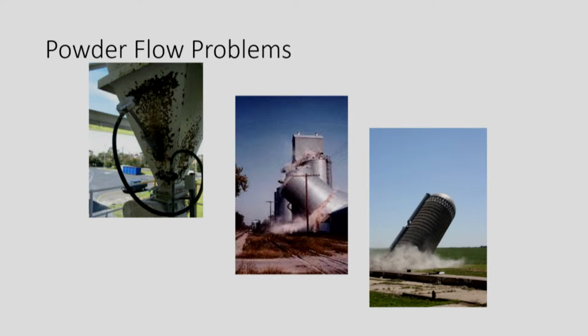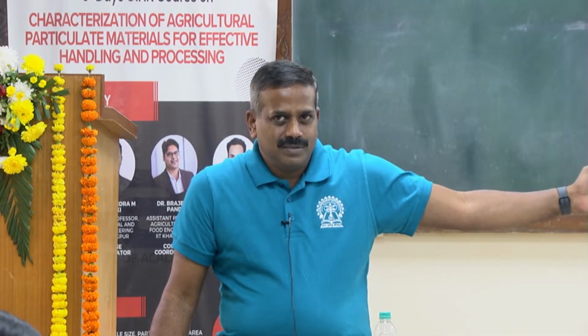If that angle is not positive and not supportive for the flow, it may block. Yes, we'll talk about some examples. If it's poorly flowing, then there might be some other effects, right? But especially for bin failure, how does flow affect bin breakage or bin failure?